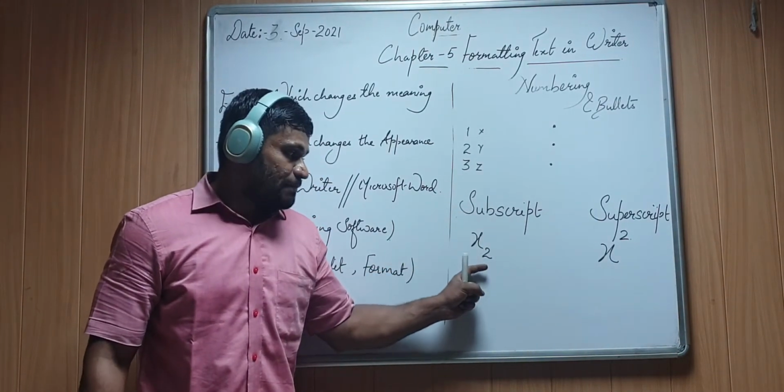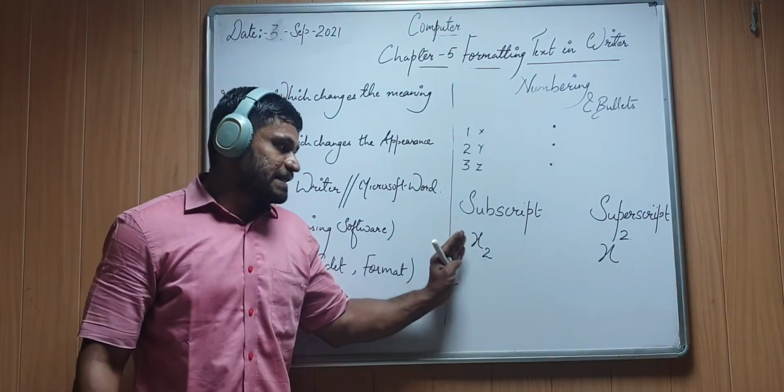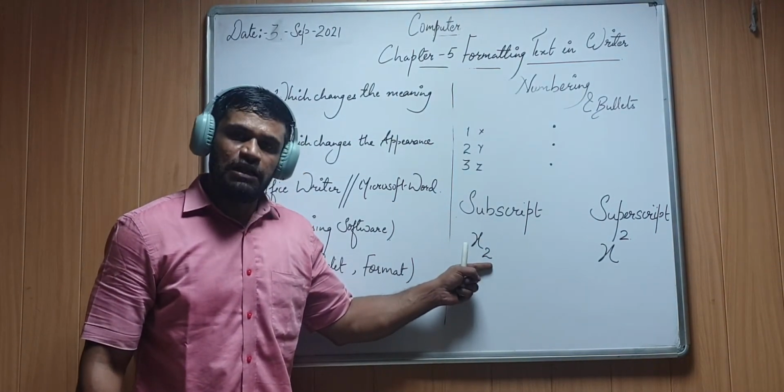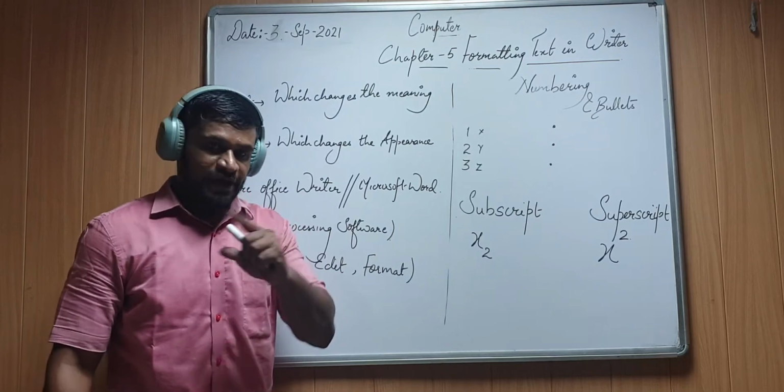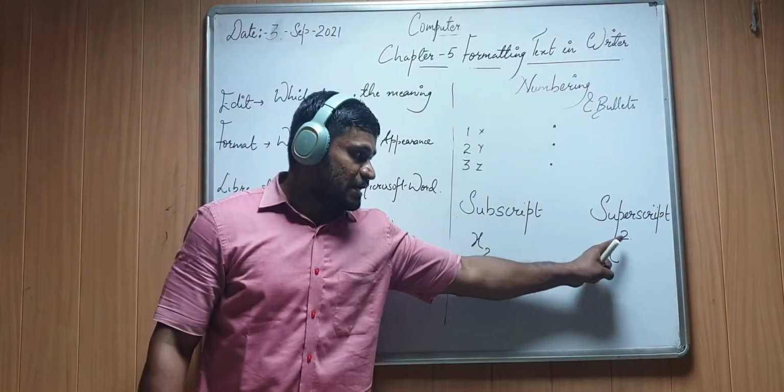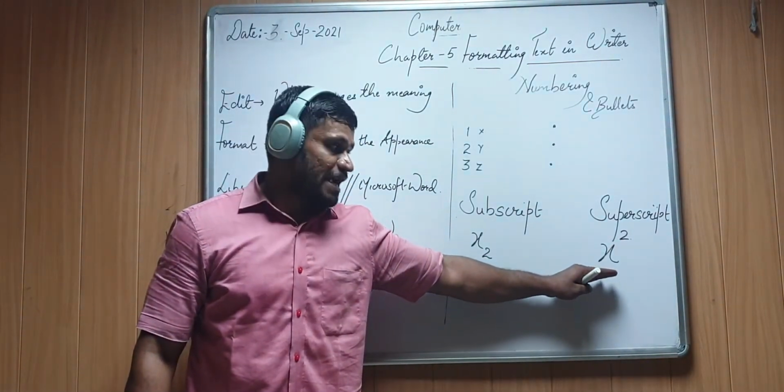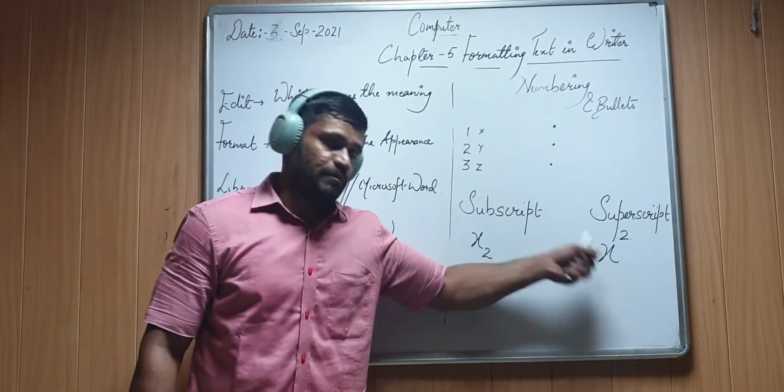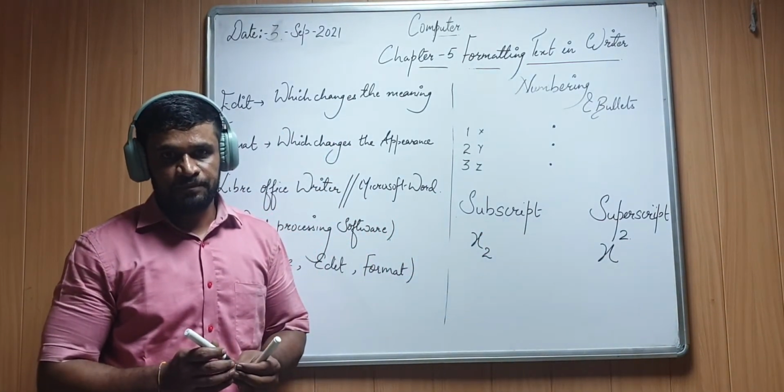In subscript, the content is mentioned a little bit lower in comparison to the first, whereas in superscript the other content is mentioned a little bit on the upper side in comparison to the first letter.